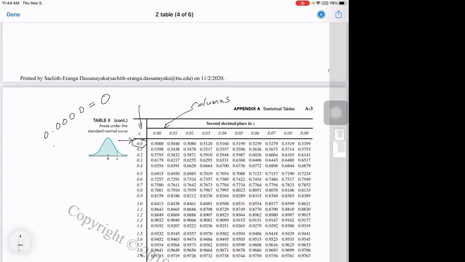Clear? So 0 means 0.00. So 0 is here, 0.0 is here. What is the area? The body gives you the area values. So the area is 0.5.